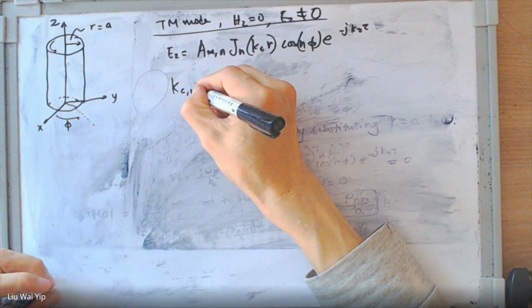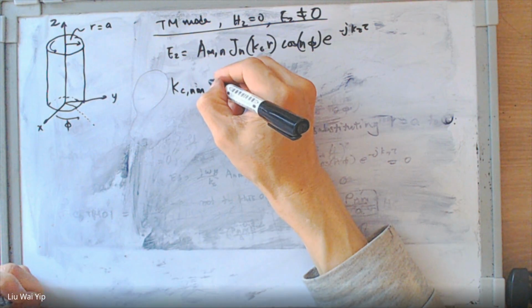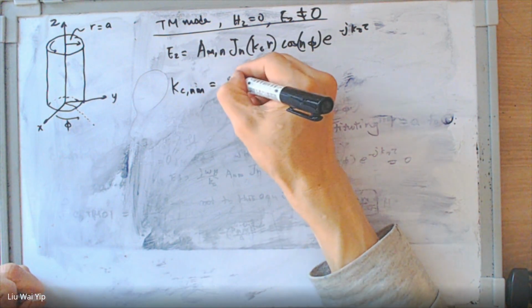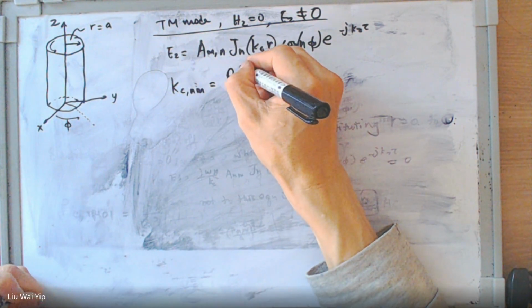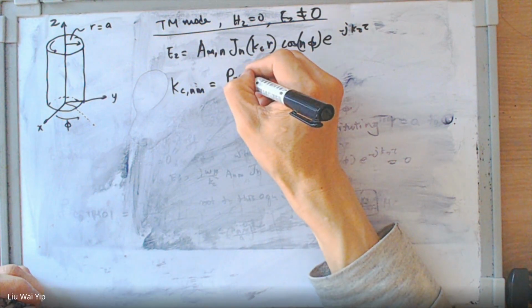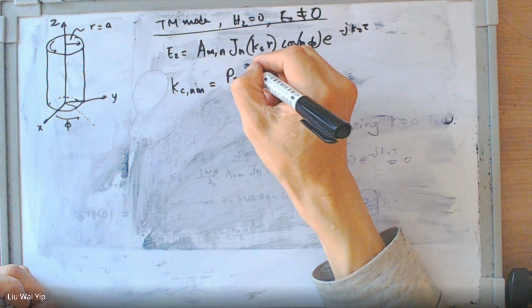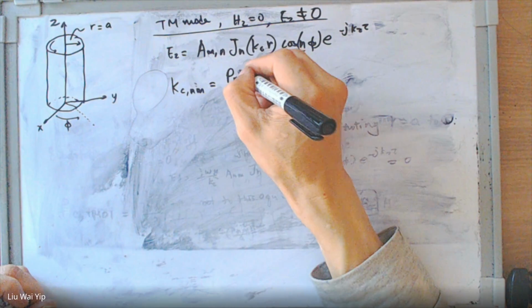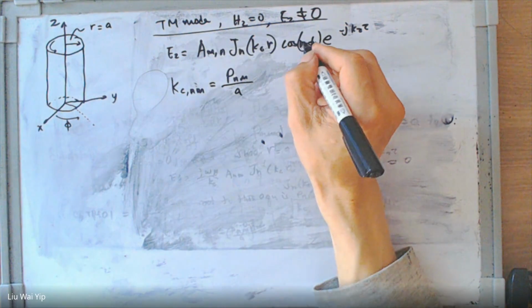K_nm is equal to, this time there's no prime here. This means on the table you look for the root of the Bessel function rather than the root of the derivative, and then divide by a. So this is the key formula.